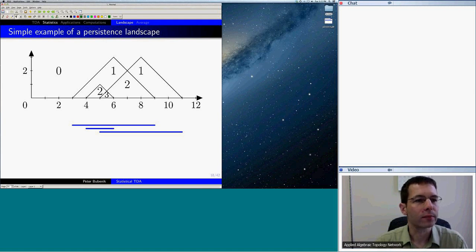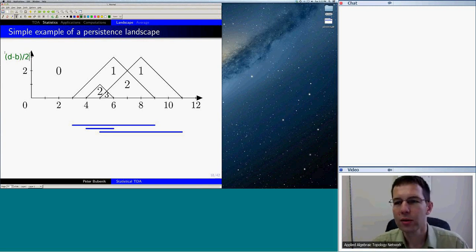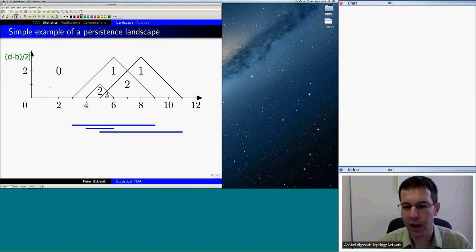And the axes here. So the vertical axis is death minus birth divided by 2. So half-life. And the horizontal axis is birth plus death divided by 2, which I call midlife.